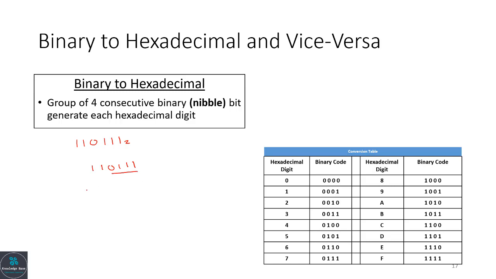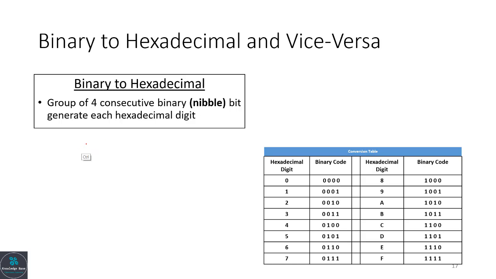We can make this group, but there are not enough binary bits left, so we have to add 2 zeros at the beginning. So this is one group and this is one group. This is 7 and this is 3. So this is 37 in hexadecimal. Clear?